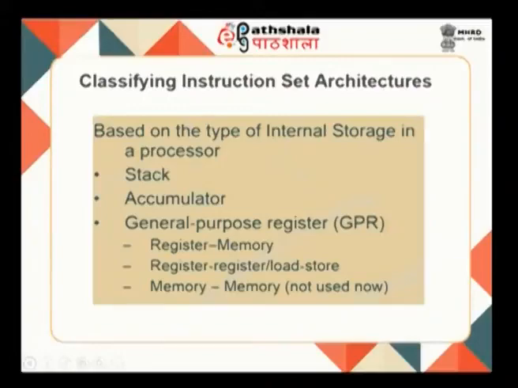In a stack based ISA, we assume that all operands are available on the stack and you operate on the top two elements of the stack. So, you do not have to specify the two operands. If an instruction like add is specified, it assumes that it is going to add the top two elements of the stack and push the result onto the stack.